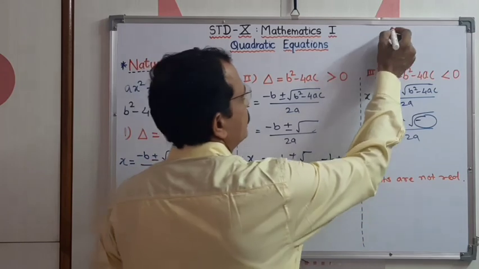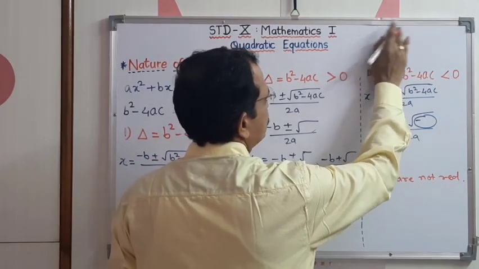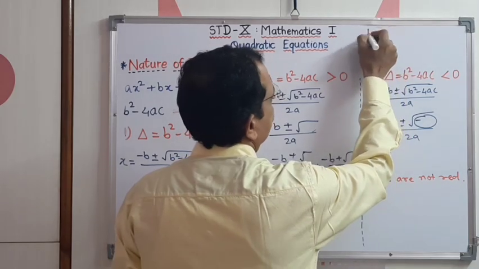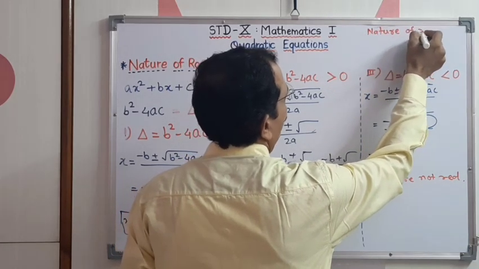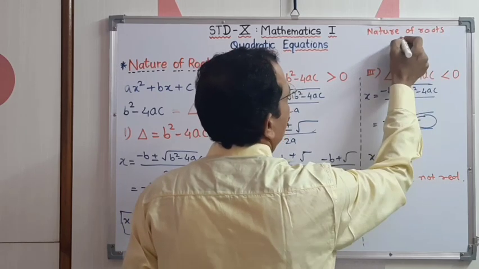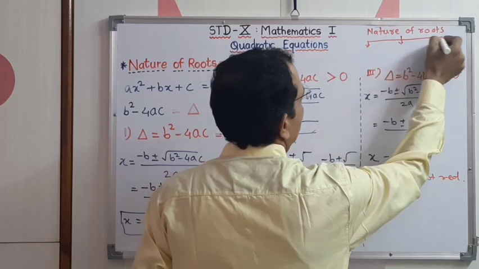Dear students, we can summarize like this. The nature of roots depends upon the values of delta.